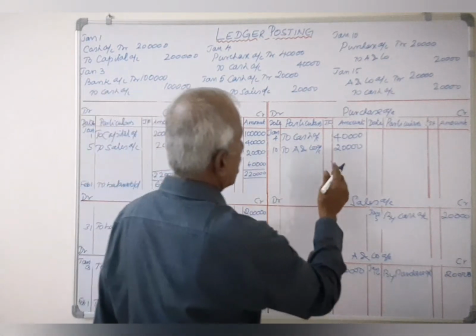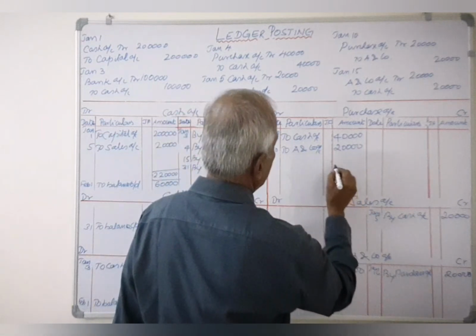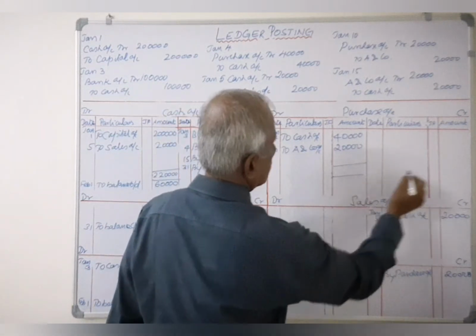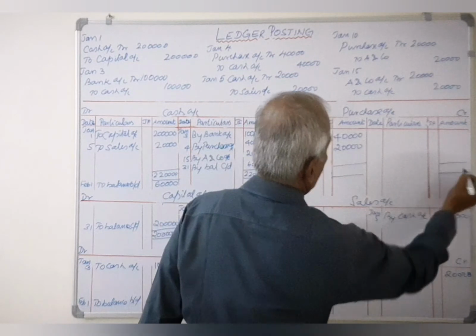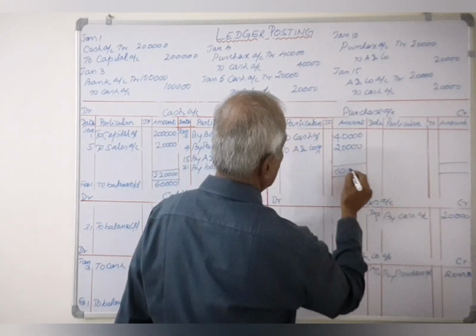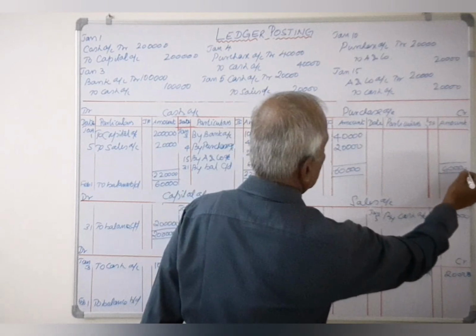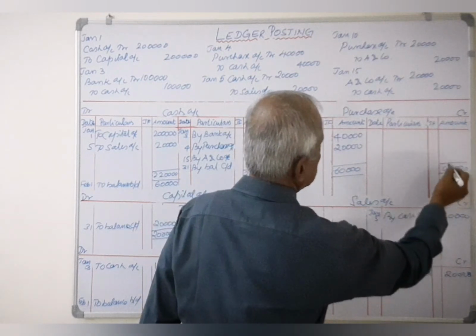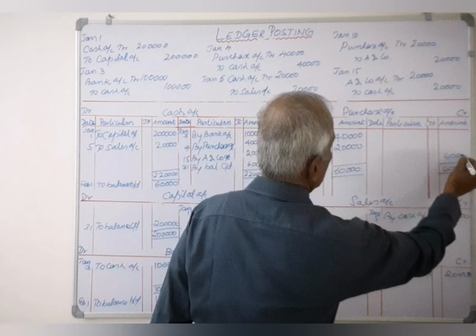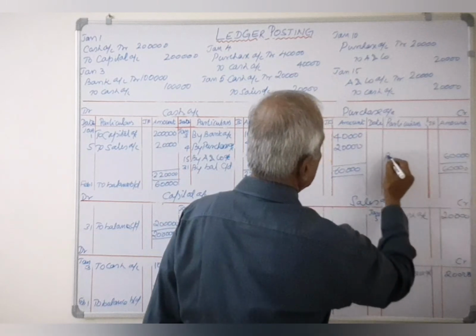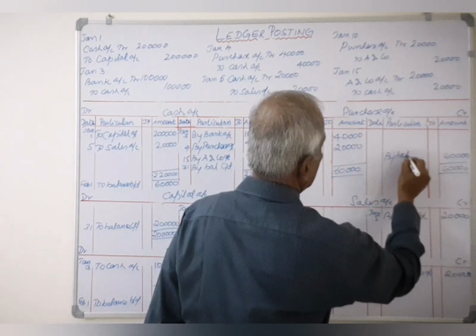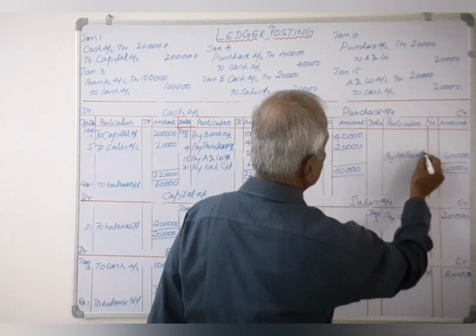Now the purchase account. Now this side is heavier, 60,000, and there is nothing on the credit side. So the difference is also 60,000. Against it you write "By balance CD".